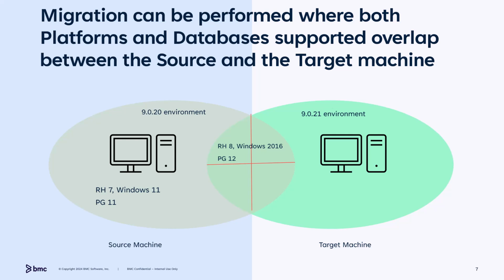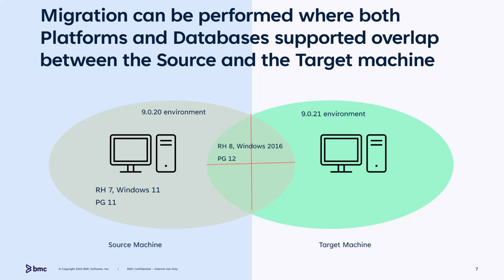The gray oval shape represents the original environment of Control-M on the source machine. Example, Red Hat 7 with PG11. The green oval represents the requirements of Control-M release 9.0.21 on the target machine.